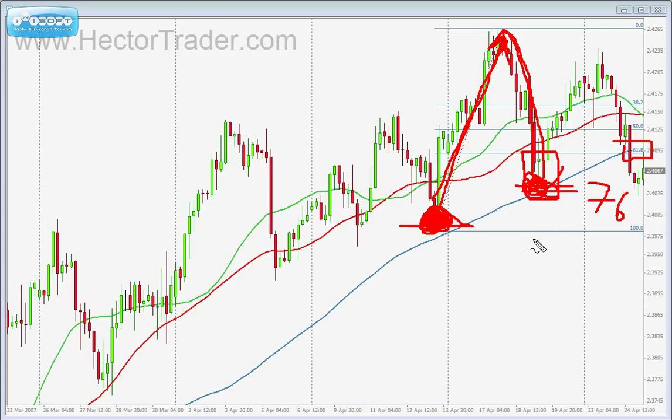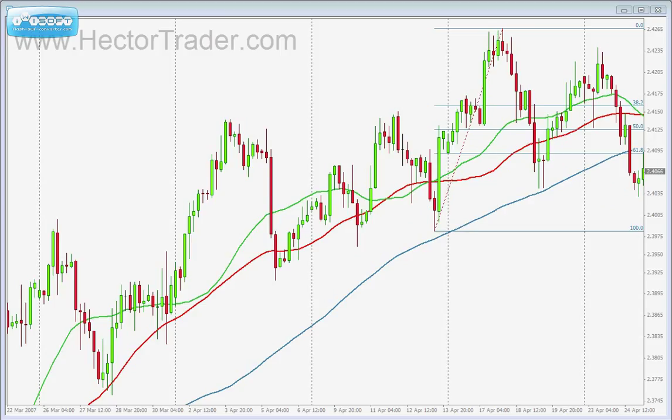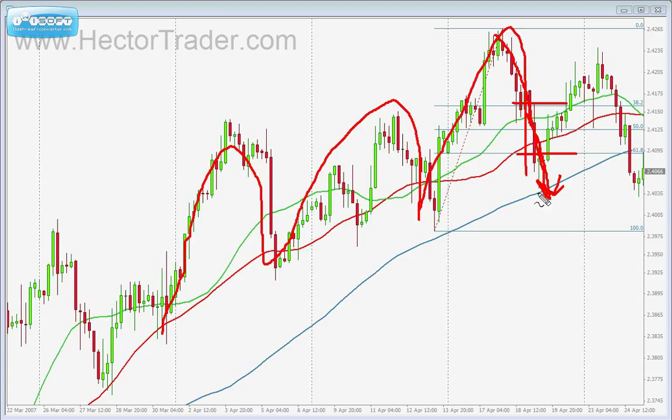I like the retracements to be held by the area between the 38 and the 61%. Anything beyond the 61% means that the bears in this case are just showing too much strength. The bulls are still in control.